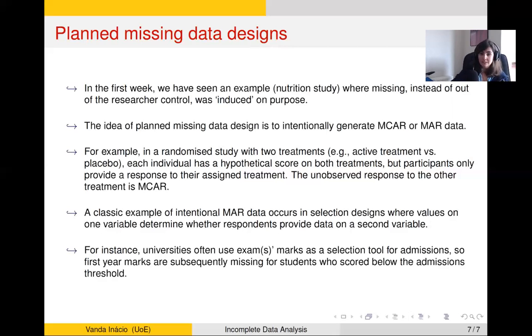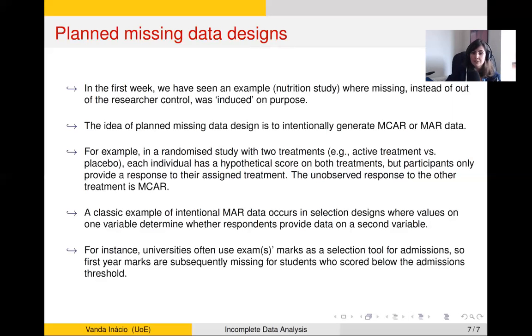And this is an example of a planned missing data design where missing is completely at random, and here is another example of planned missing data designs where in this case missing is at random. For instance, imagine the case of selection designs where values on one variable determine whether the individuals will provide data on a second variable.